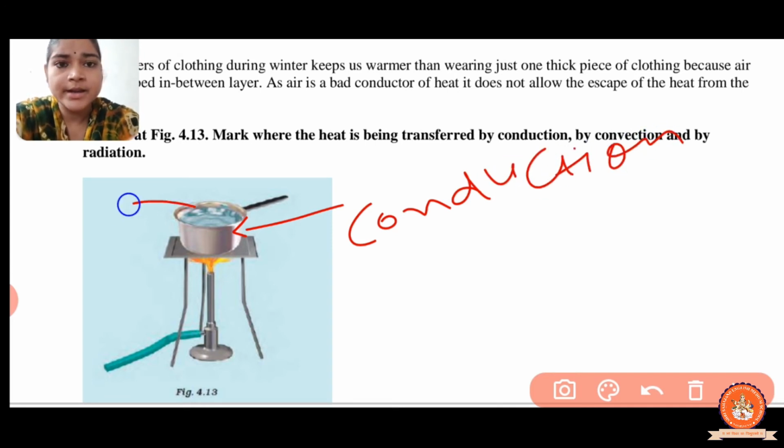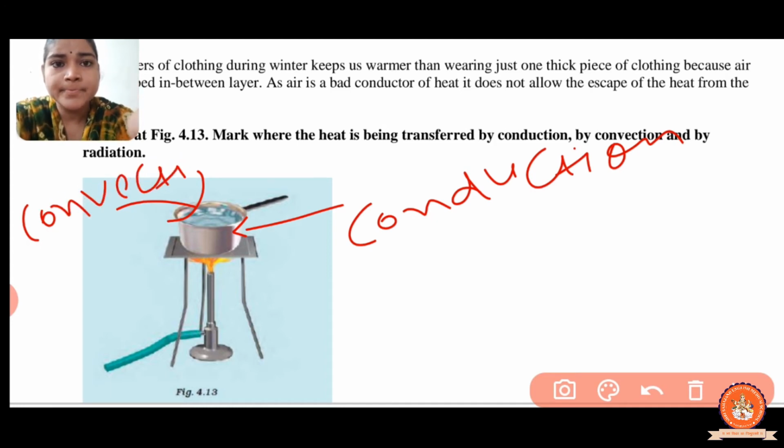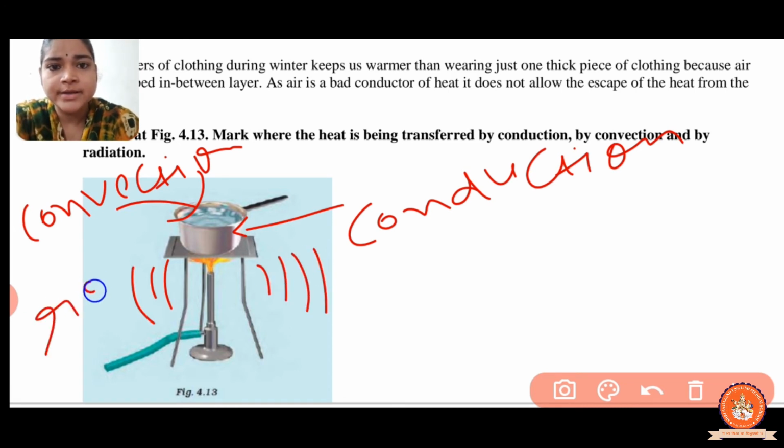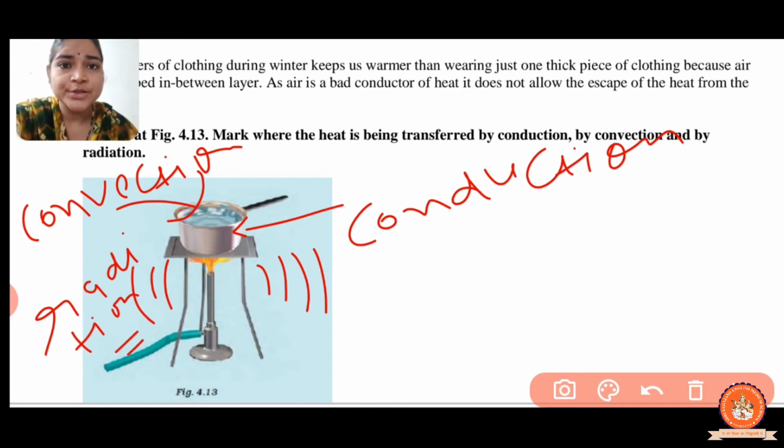Again I repeat, here conduction, here convection, and here the radiation method. Why? Because the hot object radiates heat, so that's why we feel warm here. So here which method is used?